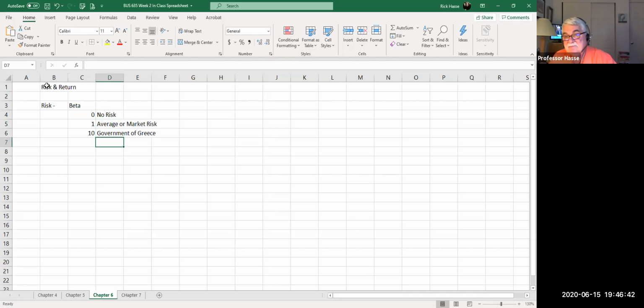I've got bad credit. A 0 beta means I have no risk. A 1.0 beta means I have average or market risk. Most of the companies in America have a beta between 0.5 and 2.